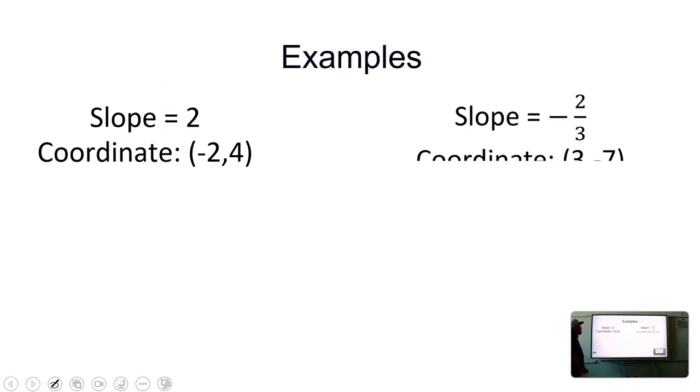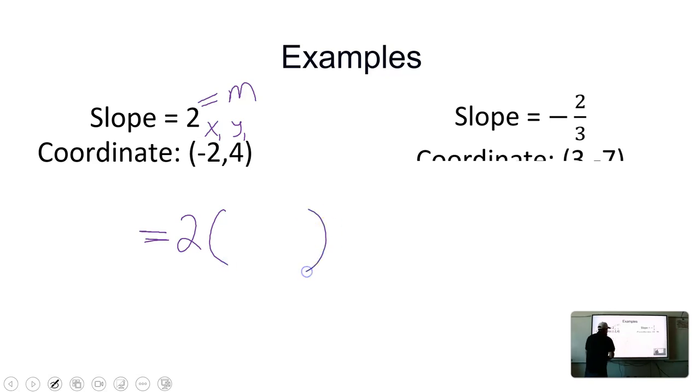Okay? So here they give us a slope of 2 and a coordinate of negative 2, 4. So just label these. This would be our m. This is our x1, and this is our y1. Because coordinates always do the x first and the y second. So let's go ahead and put our slope down on this side of the equal sign.